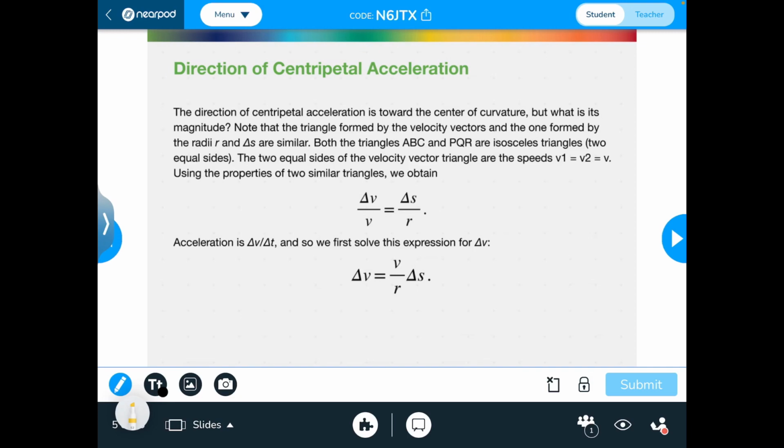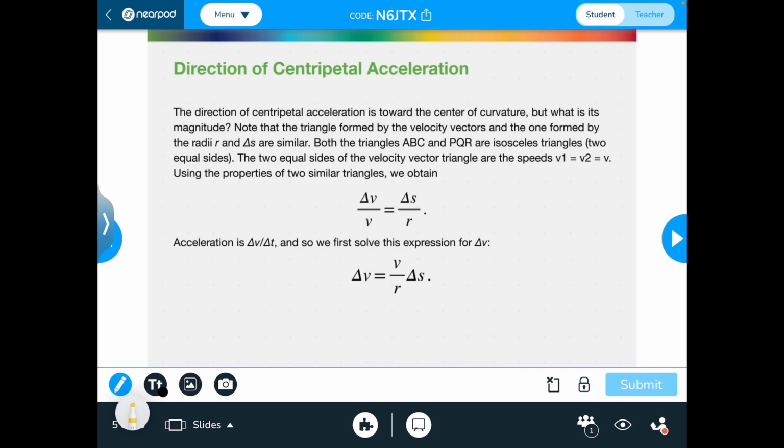But really when you get down to a small enough sliver of the circle, the arc length and the chord are really the same, and that's mentioned on the previous slide as well. So arc length over the radius are the two same parts of that triangle, that the delta v, change in velocity, and the velocity were for that other triangle. So that means that we have this proportion occurring.